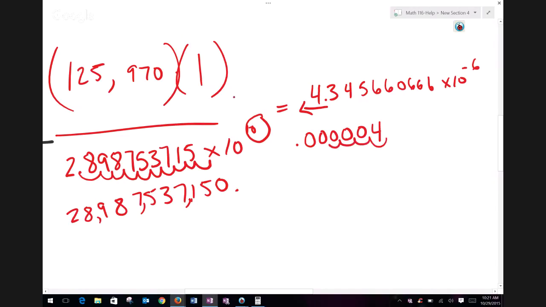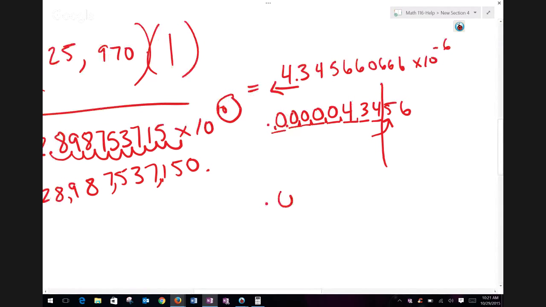And then I have 3, 4, 5, 6. I need to round the decimal 8 places. So 1, 2, 3, 4, 5, 6, 7, 8. So I look at the 9th one. If it's 5 or larger, I round up. So my answer here is 0.00000435.